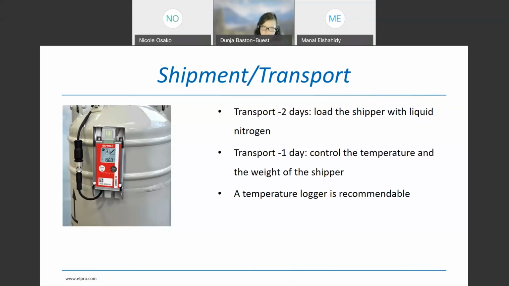And in my opinion, a temperature logger is recommendable in case you're going to send samples that might take more than 1 day to arrive at the other center. Or, for example, also if you work together with central cryobanks.